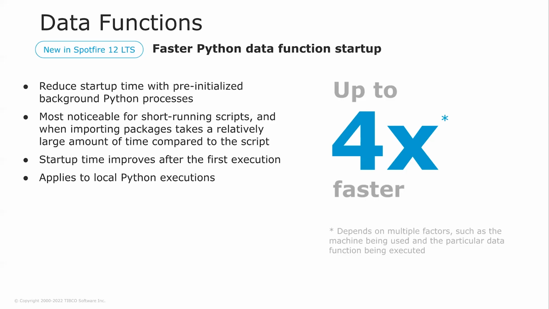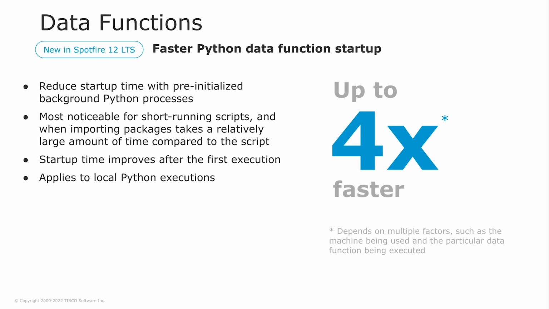Now, earlier this year, we've made TERR functions faster to run. And in Spotfire 12, we've made some improvements to Python data function startup time. Whether one or multiple Python data functions run locally, you'll see that the overall experience is now usually much faster. It depends on multiple factors, things like the machine being used or the type of data function.